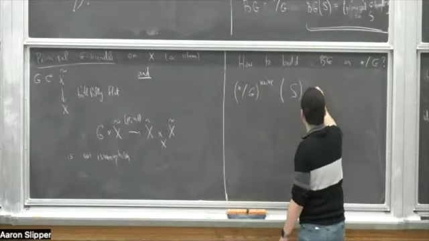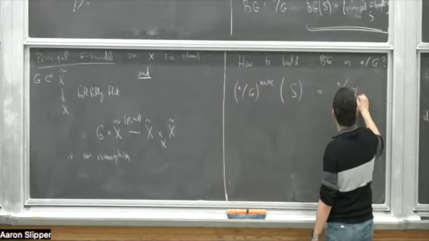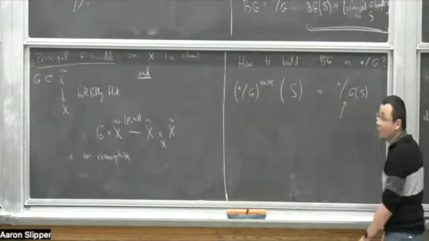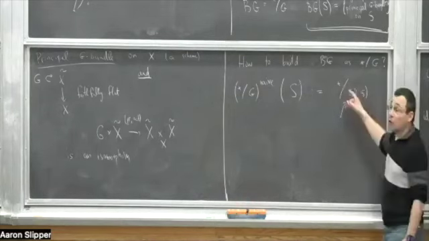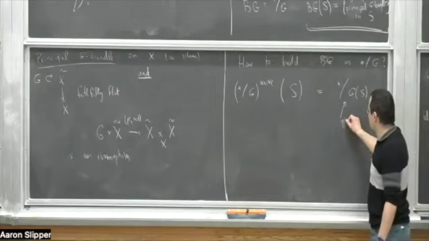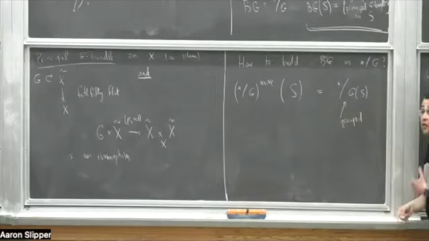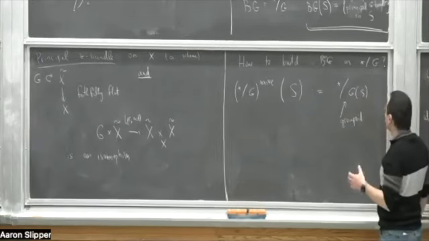We can define it as point mod G of S. But it's not so naive. By this I mean the groupoid. So this defines a functor from point A-algebras to groupoids.